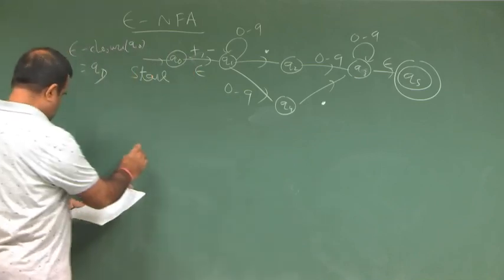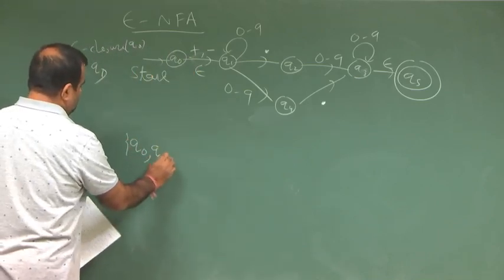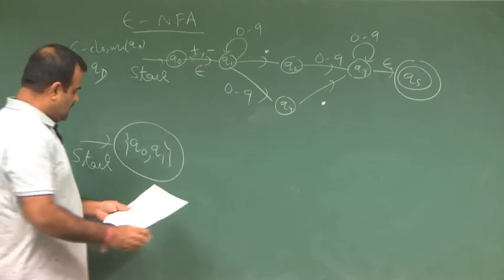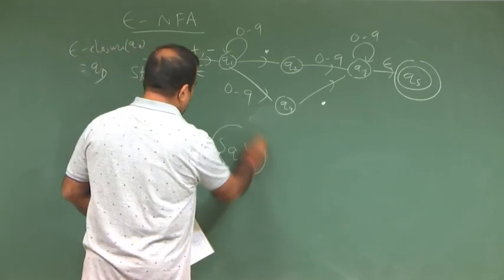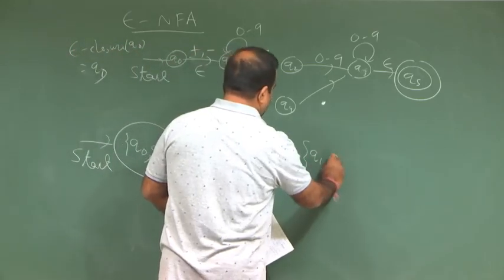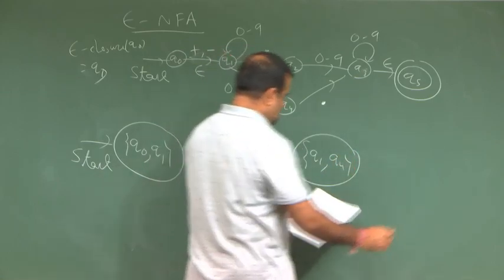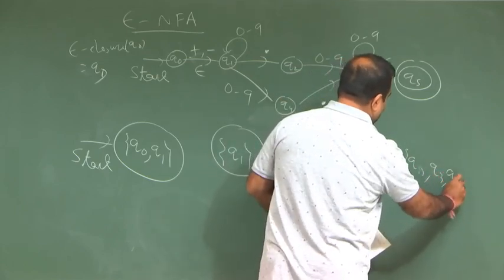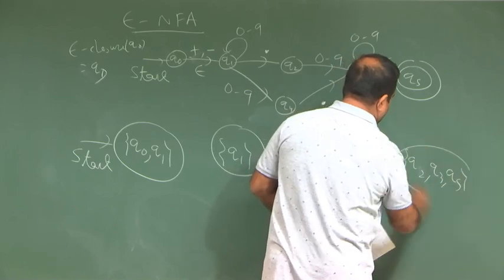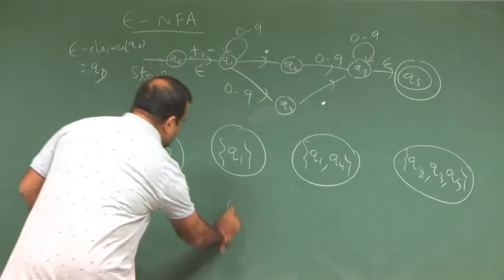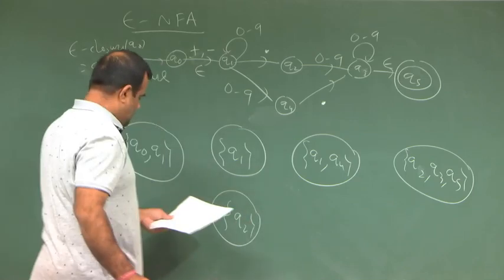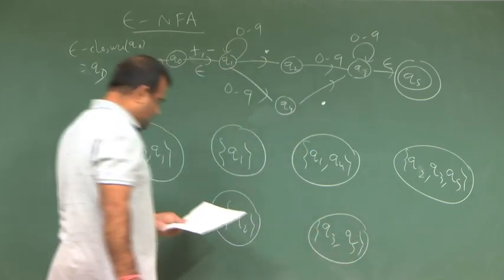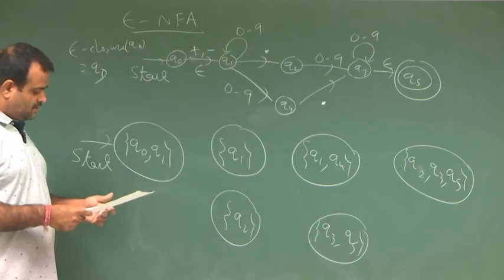We have the starting state q 0 q 1, and these are the other states: q 1 q 4, and then q 2 q 3 q 5, and then we have q 2 over here, and then we have q 3 q 5. These are the possible states for the DFA, and this is coming from the epsilon closure.